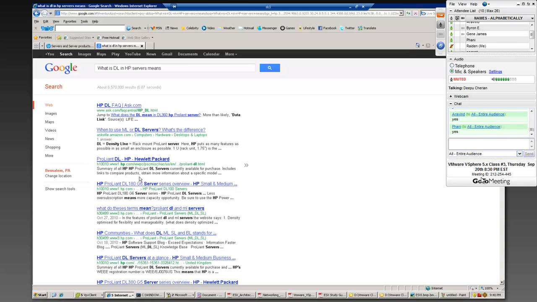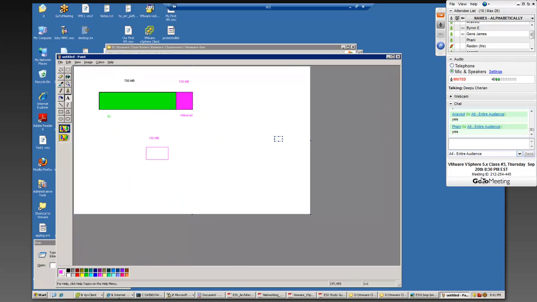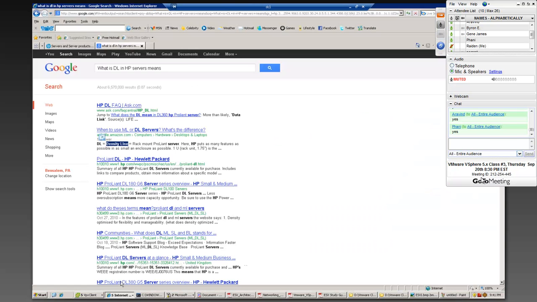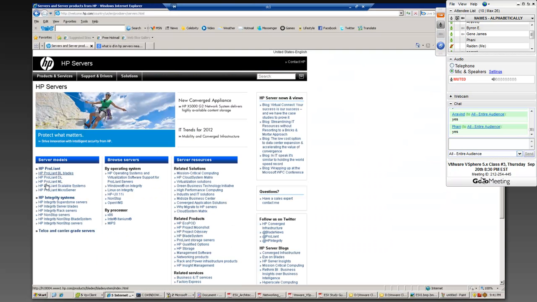Let me see. Yeah, density line. DL is density line. ML means medium line or something like that. Okay, I forgot that. So density line servers and ML servers.